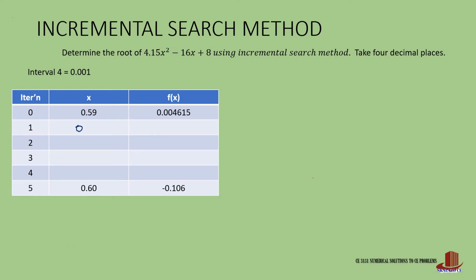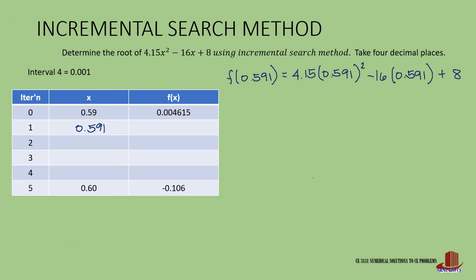Starting, we get 0.591, and placing this into our function, which would be 4.15 times 0.591 squared less 16 of 0.591 plus 8.